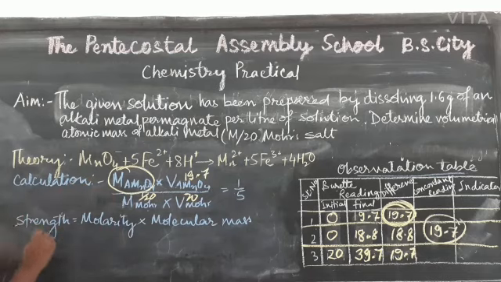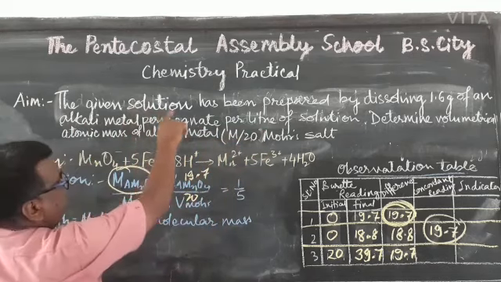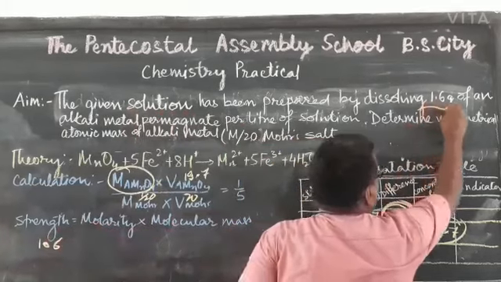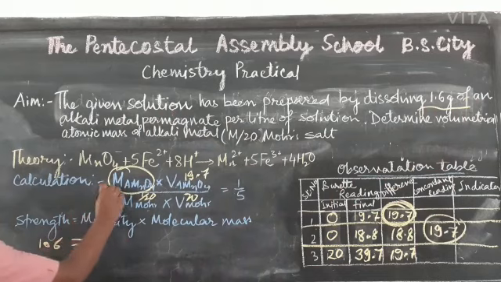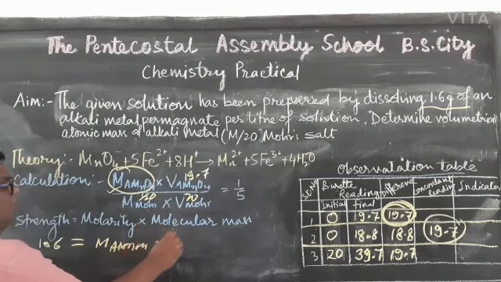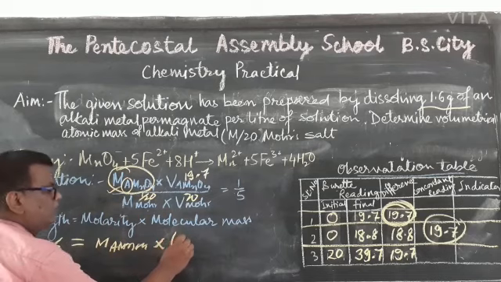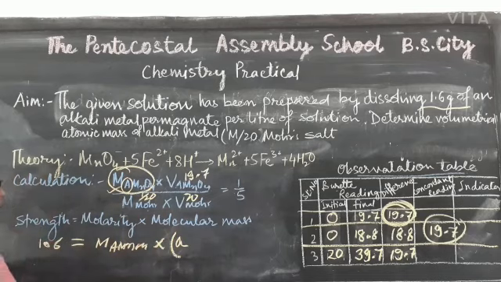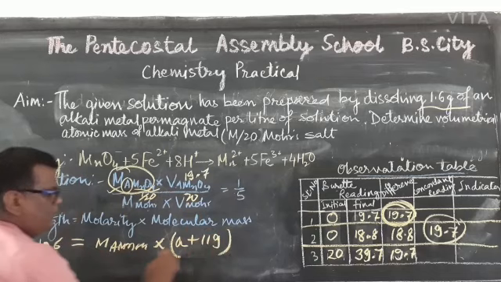Again, the strength is given, 1.6 gram. 1.6 gram is equal to molarity into molecular mass. That is important. The molar mass of A we do not know, so suppose A is the atomic mass, and the molar mass of MnO4 is 119.